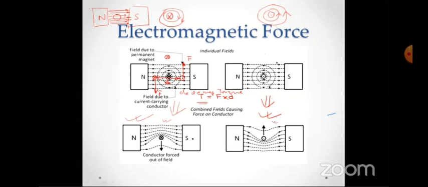And if we have both the cross and dot in this magnetic field, the cross conductor will experience a downward force and the dot conductor will experience an upward force.